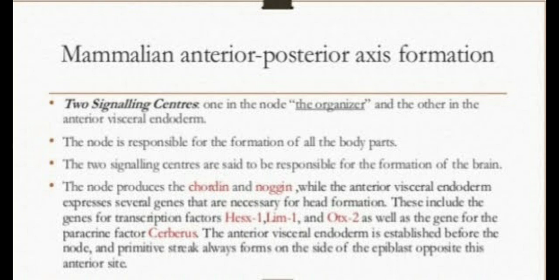Node produces chordin and noggin, which are not produced by anterior visceral endoderm, while the anterior visceral endoderm expresses several genes that are necessary for head formation.